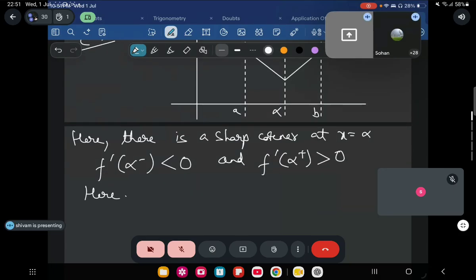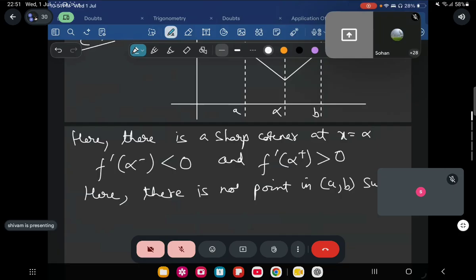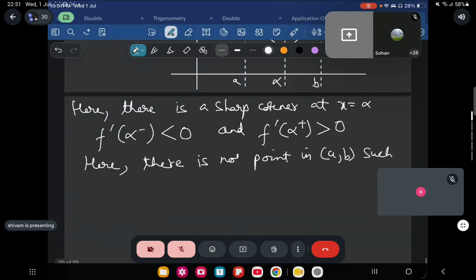No. Here, there is no point in (a, b) such that f dash x is equal to 0.